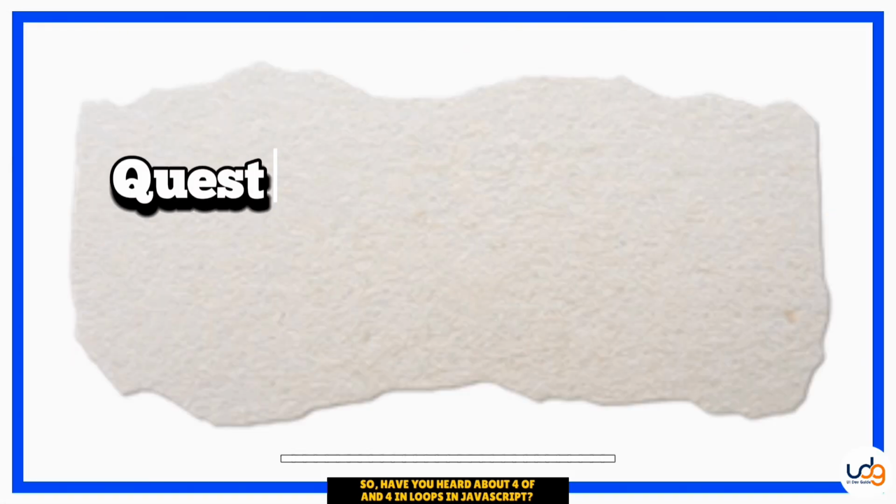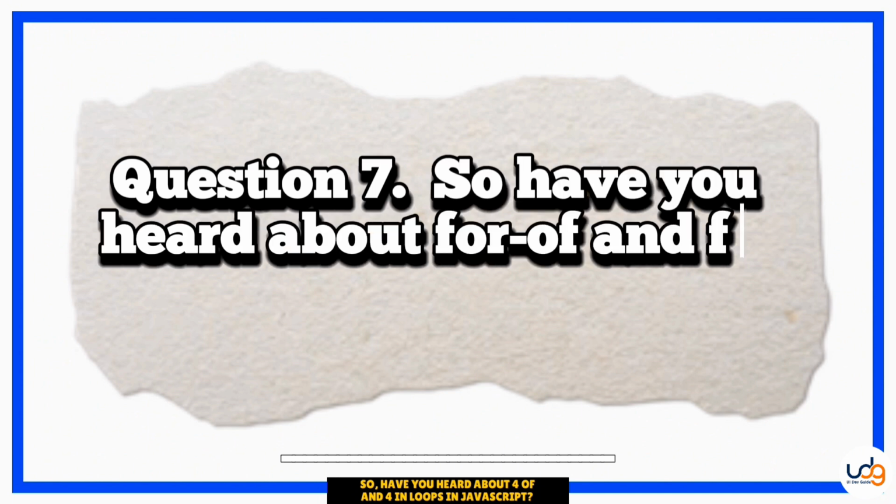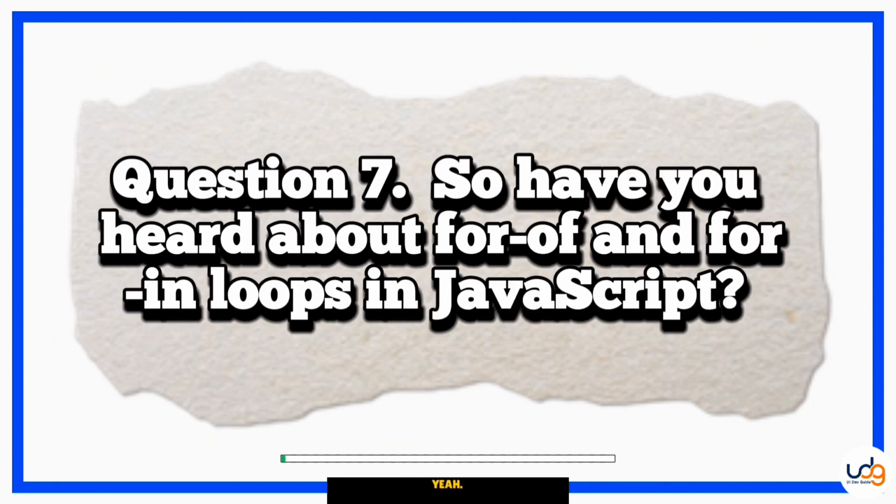Have you heard about for of and for in loops in JavaScript? Yeah, for of and for in. For of is used to iterate the elements of arrays, like forEach. We can iterate the elements the same way using for of, but with a different syntax.